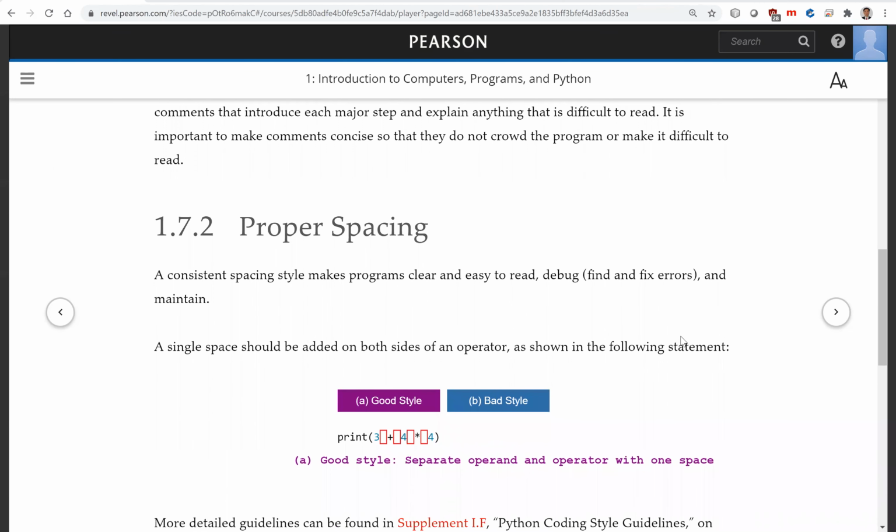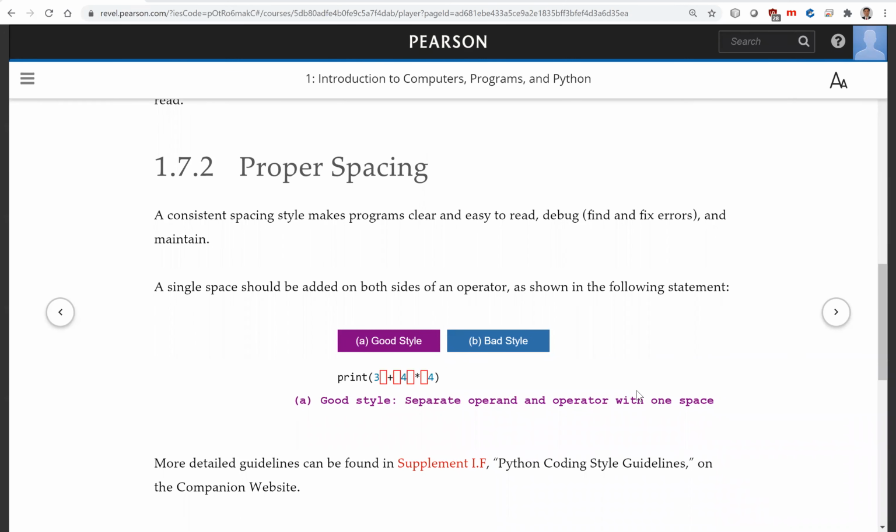Proper spacing. A consistent spacing style makes programs clear and easy to read. A single space should be added on both sides of an operator, as shown in the following statement right here.